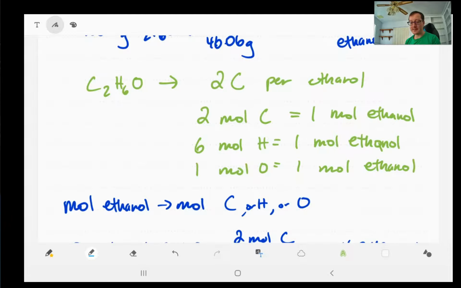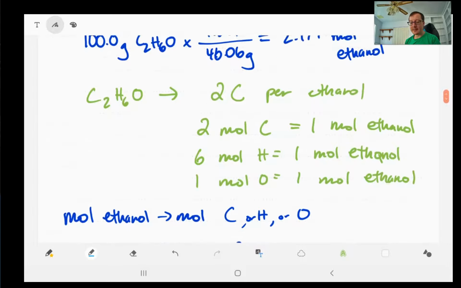Okay, but to go back to this, it's a little bit unusual because it's not very useful practically. I mean, why do we care how many carbon atoms are in this many moles of ethanol? We don't. There's not a purpose to it. So I think that is why a lot of people have trouble with it, because it's not very practical to ask these things.